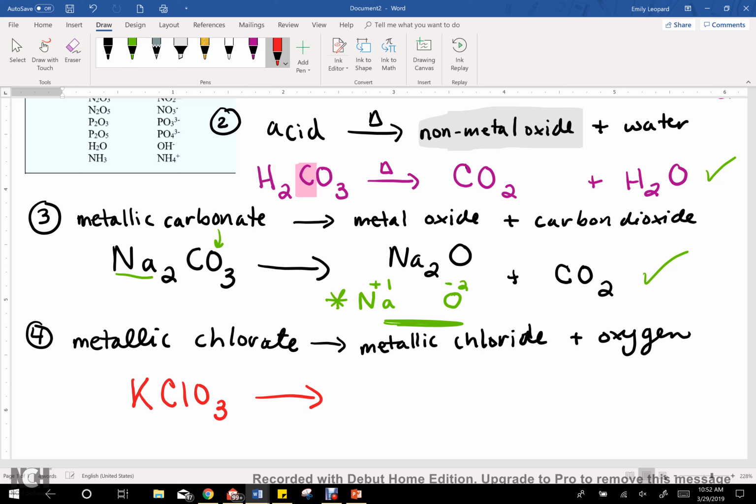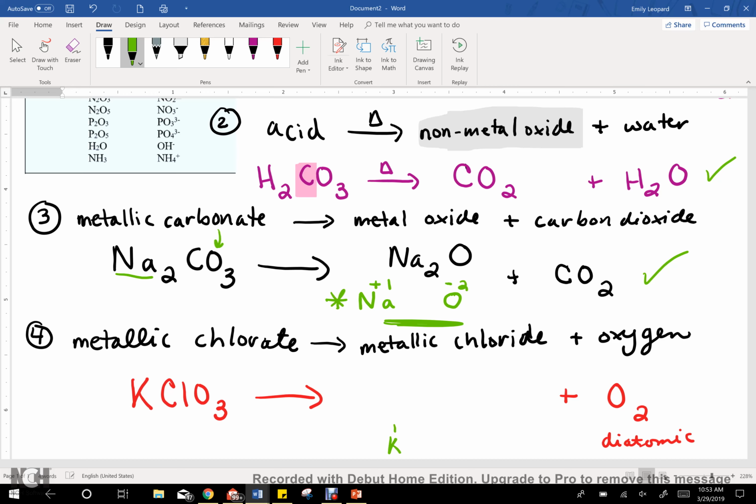Okay. So then, what my rule says is that I should break it down into a metal chloride and oxygen. So I already know oxygen is O2. Remember, it's one of our diatomic elements. Be careful about that. It's not just O, but O2. And then I need to come back and form my metallic chloride. So again, you've got to get your classmates to come to the side and balance it out.